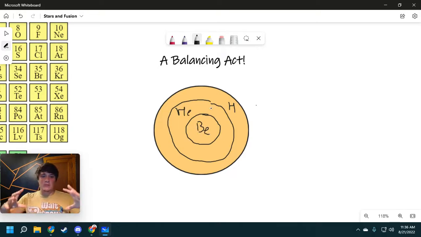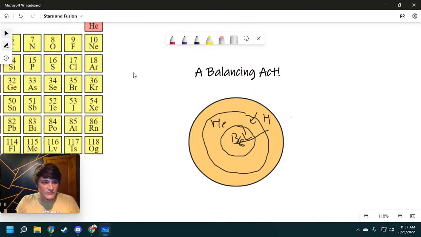The heavier the element is, the deeper inside the star it's going to be. But there's still fusion happening all the time. We might be fusing hydrogen into helium and helium into beryllium and hydrogen and helium into something deeper inside. So we get layers and layers and layers. And depending on the size, the mass of the star, we're only going to get so many layers.